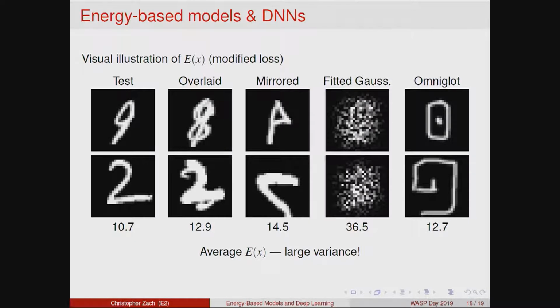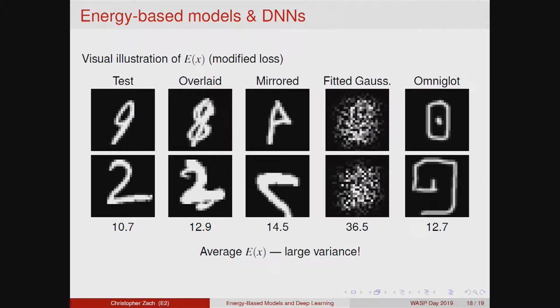If you provide some Gaussian fit, independent per pixel, then the energy is even higher. And if you provide non-digits, meaning some symbols that come from other, let's say, writing systems, then the energy is also a bit higher. So there is a trend that looks interesting.